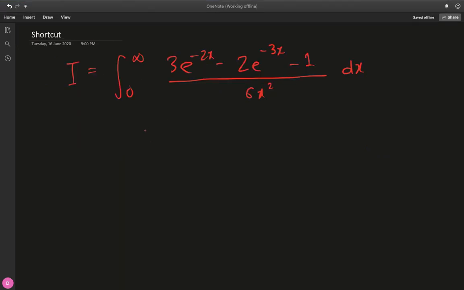But here's a catch, there is actually a shortcut method to calculate this, because mathematicians like shortcuts.